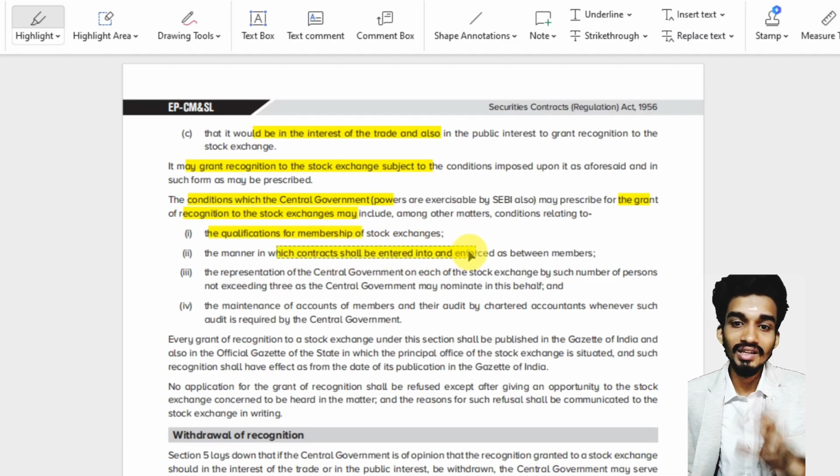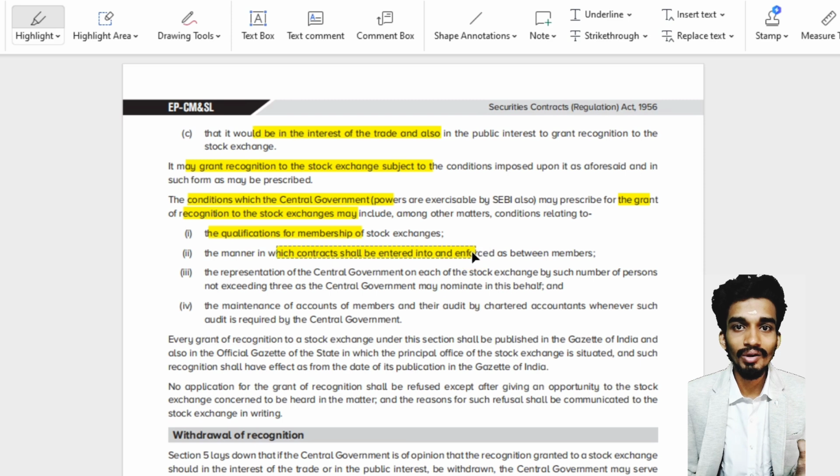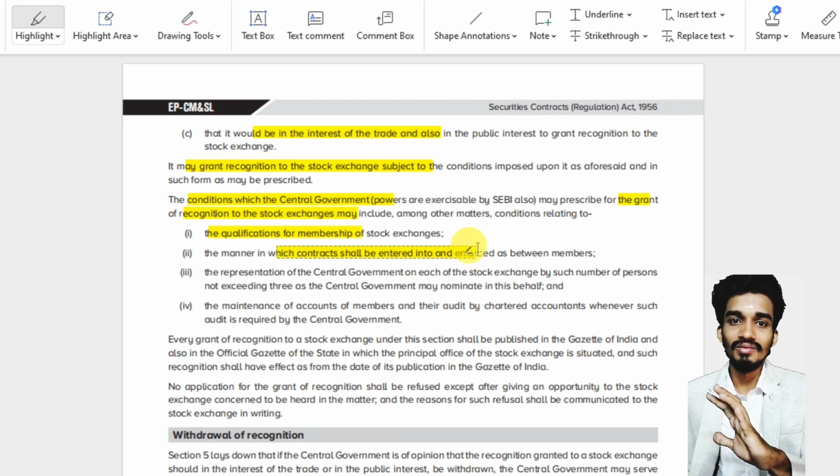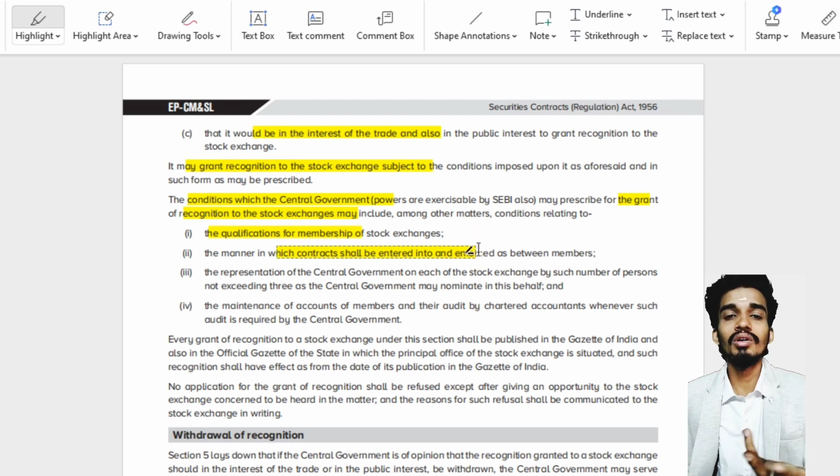Because whenever you are recognizing a stock exchange, it is like going from a private company to a public company. It means you have more legalities, more sections to adhere to, more adherence to the rules and regulations.